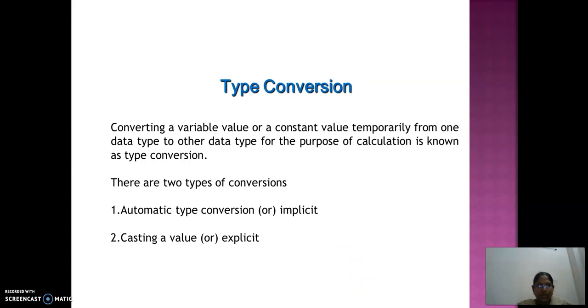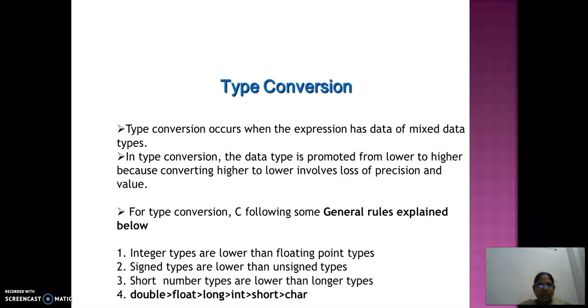One is automatic type conversion, which is known as implicit, and the other one is called casting a value, which is nothing but explicit. Type conversion occurs when the expression has data of mixed data types. For example, one is an integer value and the other is a float value.